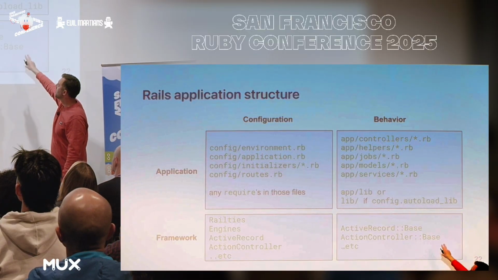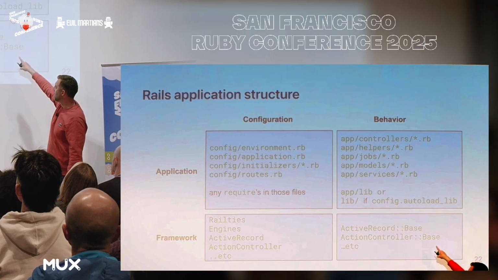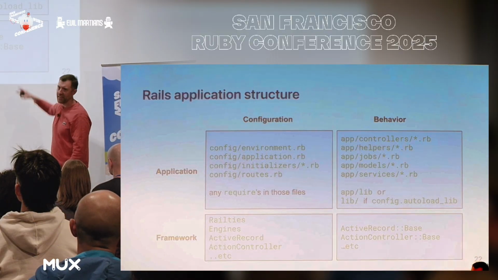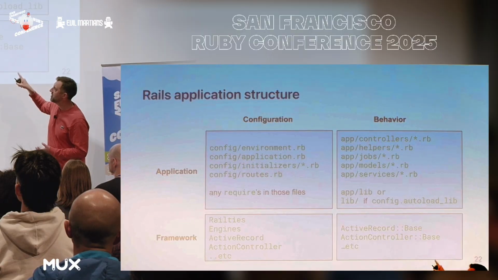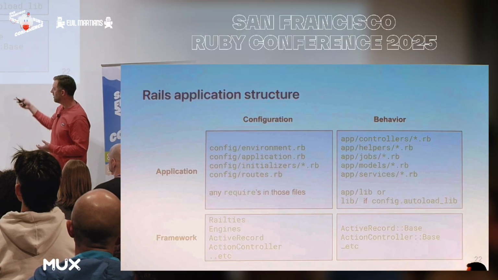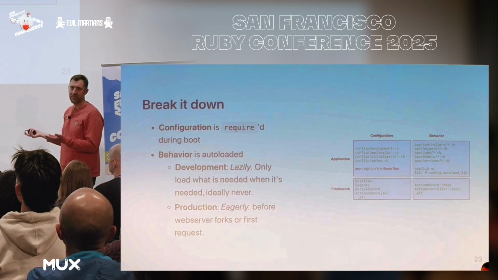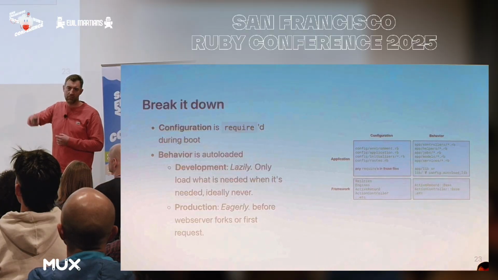And then framework behavior: Rails has this pattern where it's ActiveRecord::Base or ActionController::Base or ActiveJob::Base. The base classes are where all of the behavior lives, and usually you're then subclassing that in your application. So why are these two columns helpful here? Configuration and my definitions, that's everything that gets required during boot.